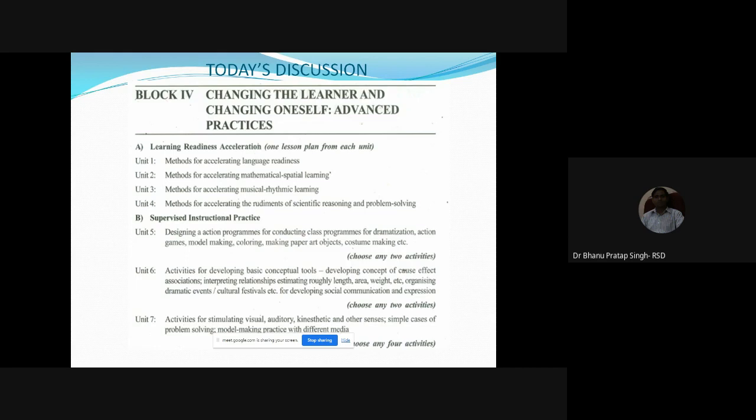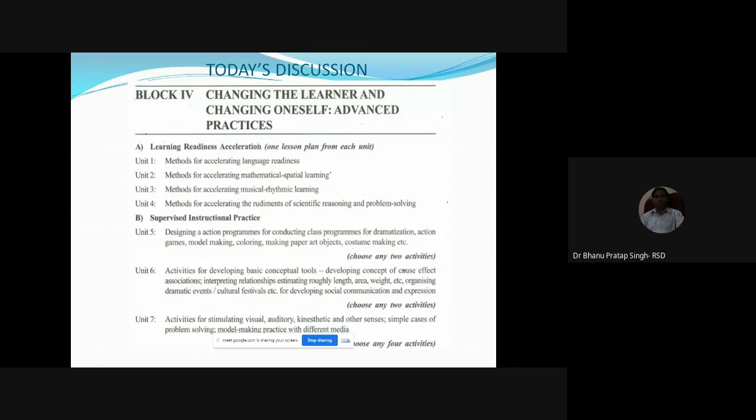Organizing dramatic events, cultural festivals, what we celebrate in our society and occasions, for developing social communication and expression. Means the aim of Unit 6 is for developing the social and cultural activities.